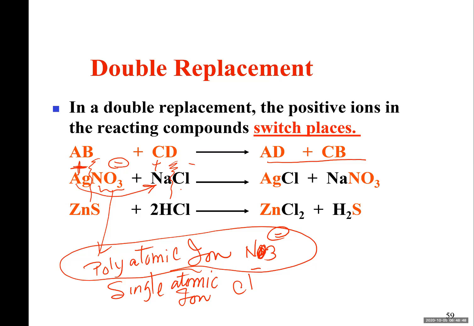So Ag becomes a partner with Cl. And Na is going to replace Ag. So Na is now a partner with NO3. So this is the product of this reaction.